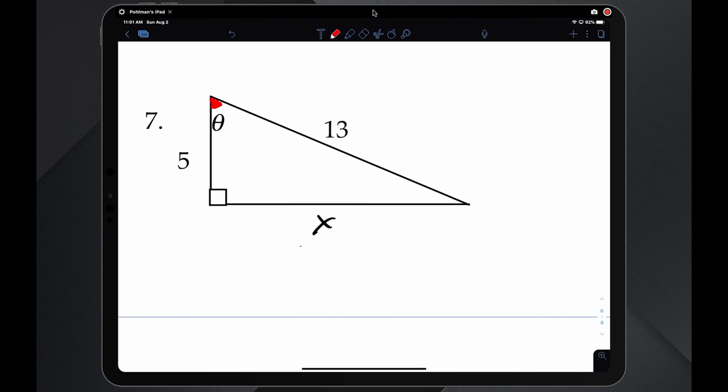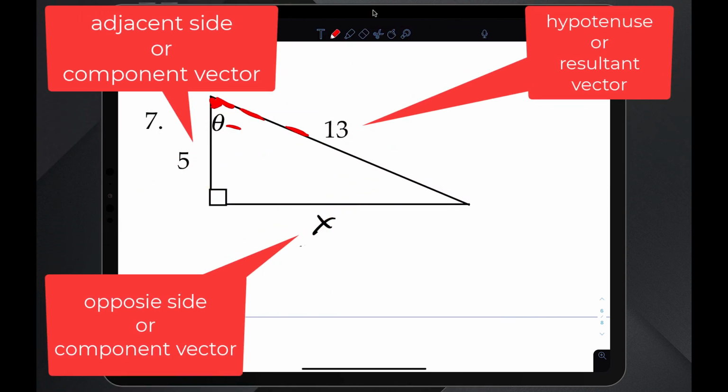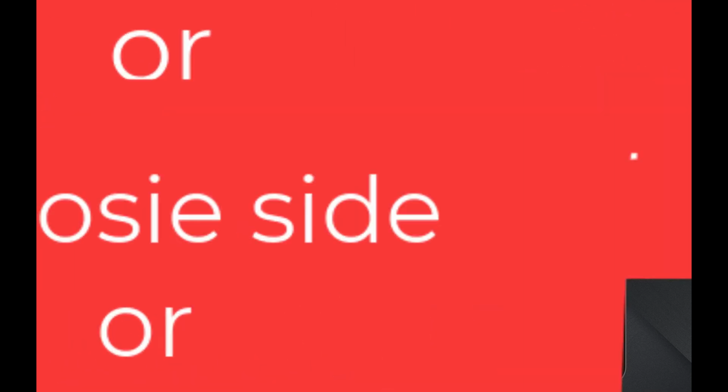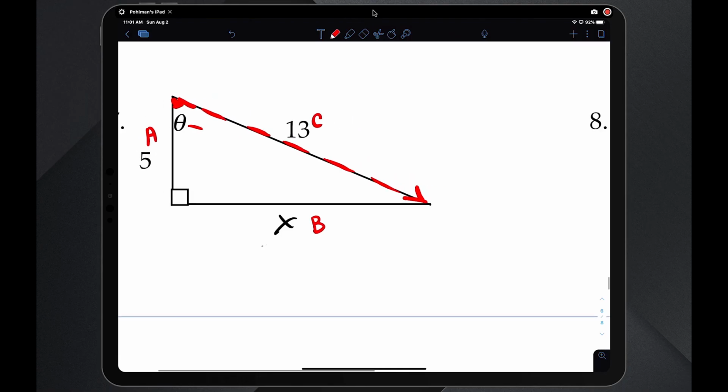Two more. We have number 7. Our point of origin would be right up here because theta is indicated there. That means that the resultant vector is the hypotenuse. We'll call that side C. We know the 5 would have to be the adjacent side, and then the x would have to be the opposite side. We're trying to solve for side B, so we have b equals the square root of 13 squared minus 5 squared.